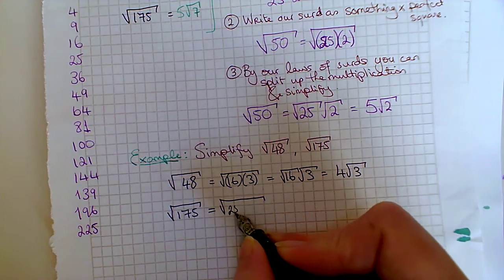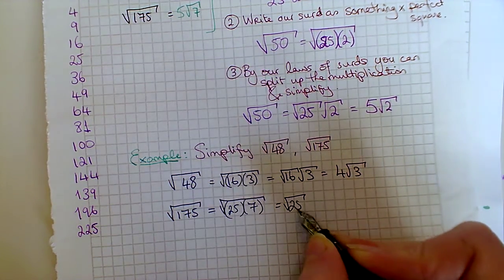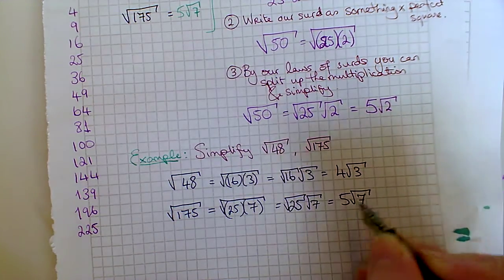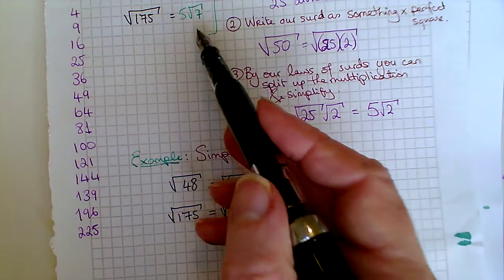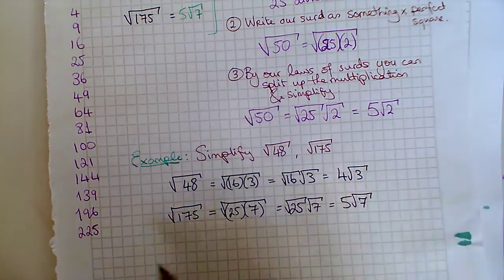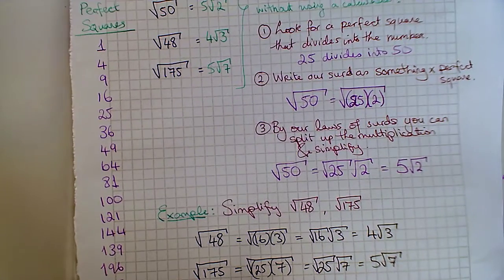So that's 25 multiplied by 7, which is root 25 by root 7, and that is 5 root 7, which is what I wanted. So I've shown my work. Even though I kind of cheated, I was able to show the work to do that. Okay, so that is simplifying surds, and that is something that you need to be able to do.